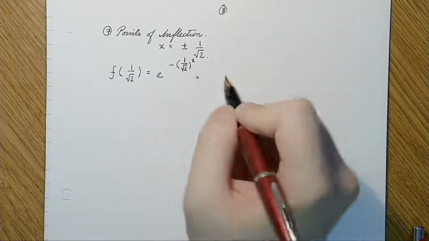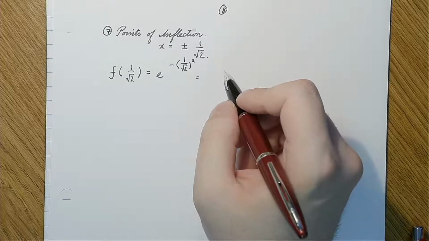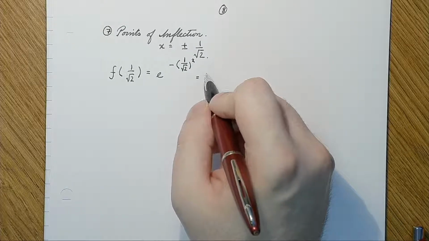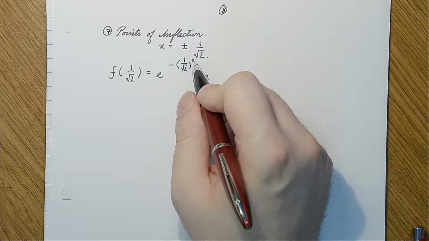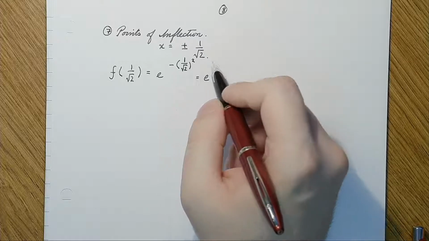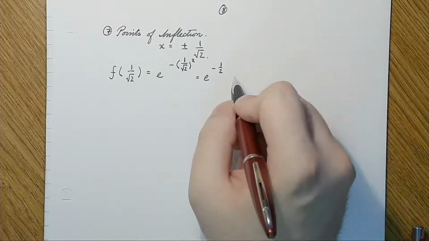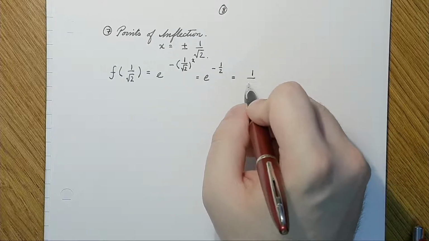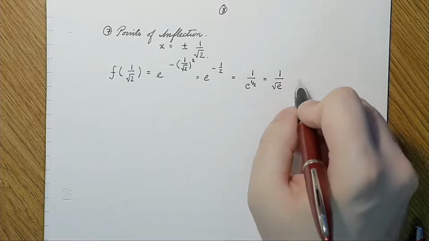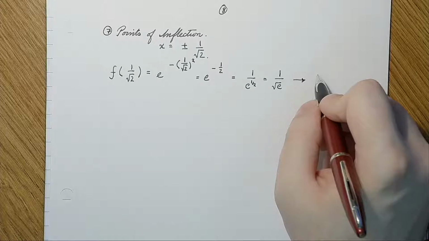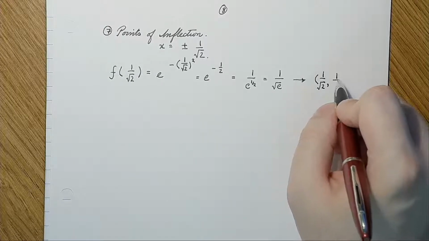And this is nice because it should be a small positive number, but we'll look at it. Don't worry. Okay, so I have 1 over root 2 squared. So the root 2 squared is just 1 over 2. So it's just negative 1/2, or 1 over e to the 1/2, or that's 1 over root e. Which means then that my point is 1 over root 2, 1 over root e.